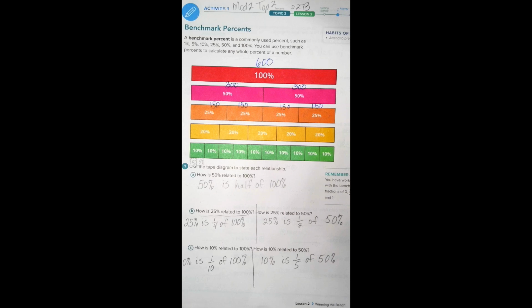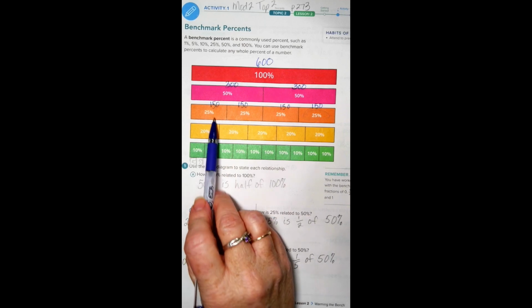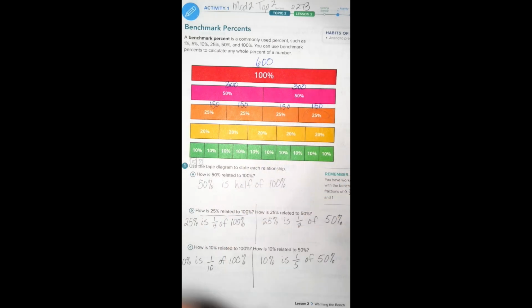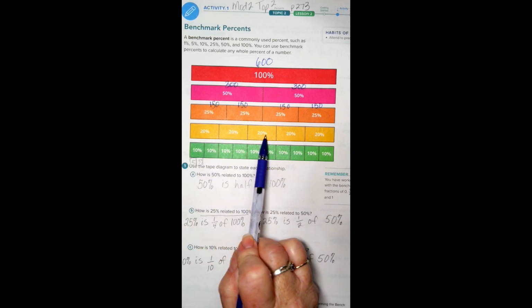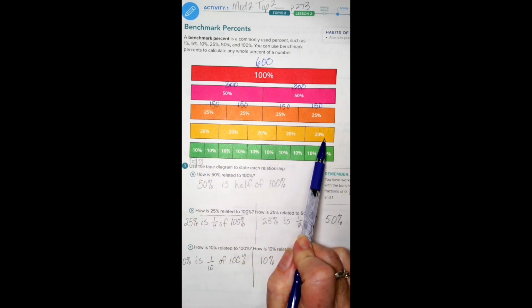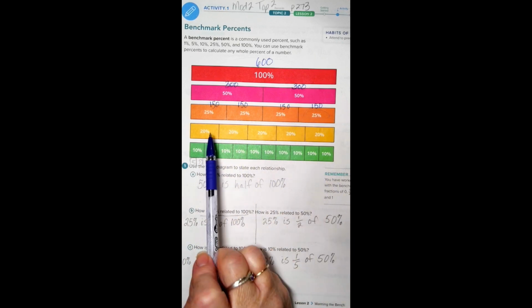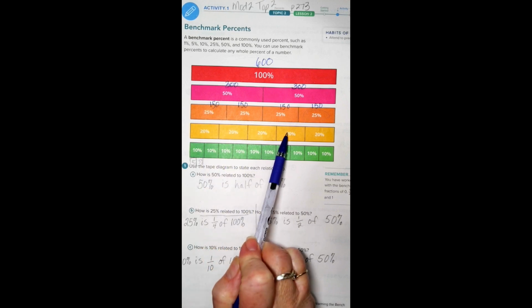Okay. 20% is a little bit harder. It doesn't match up exactly with anything right above it, so we need to think about it in relation to the 600. What would each of these have to be so that when we add them all up, we get 600? Well, let's see if it's 100. 100, 200, 300, 400, 500.